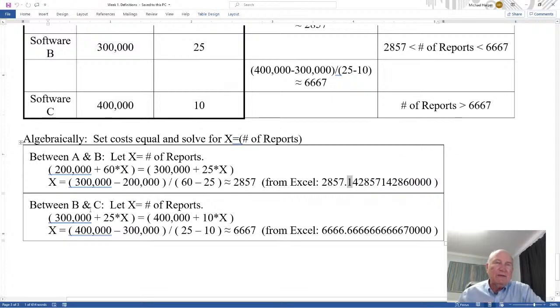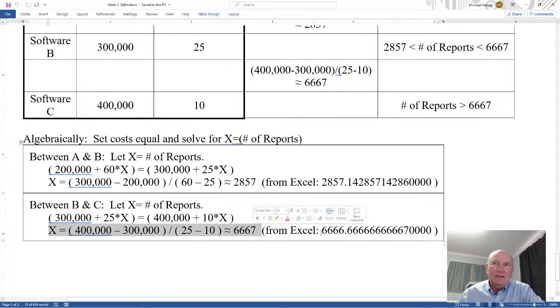Well, let's see between B and C. Same thing. B is 300,000 plus 25X. C is 400,000 plus 10X. I solve for X, and there's where that equation comes from. Again, 6,667.